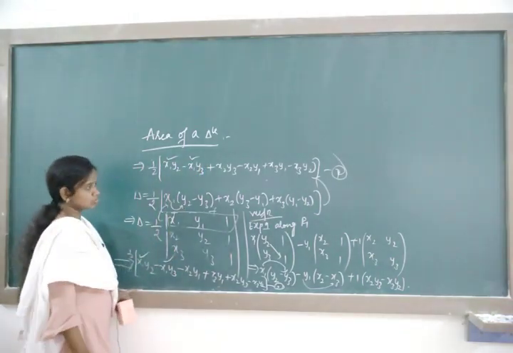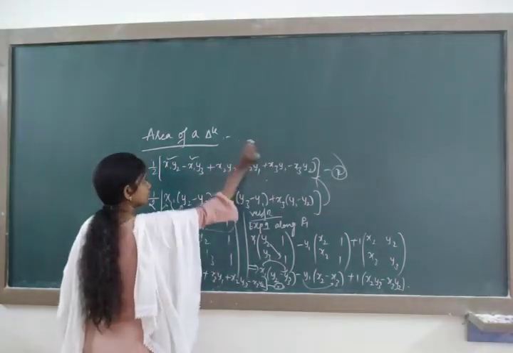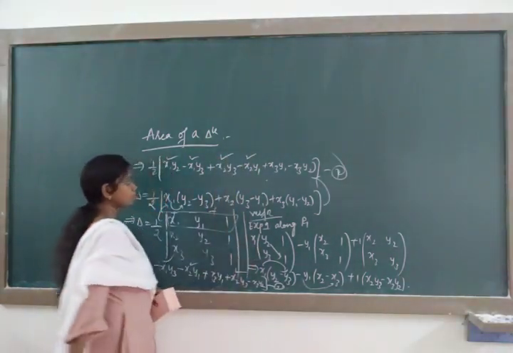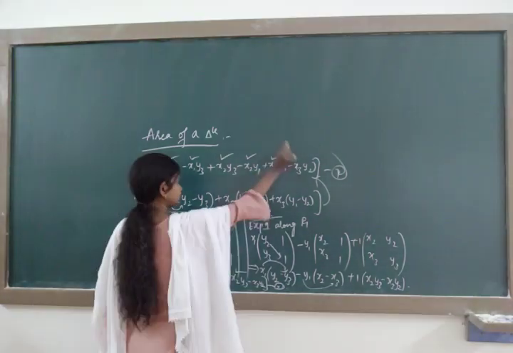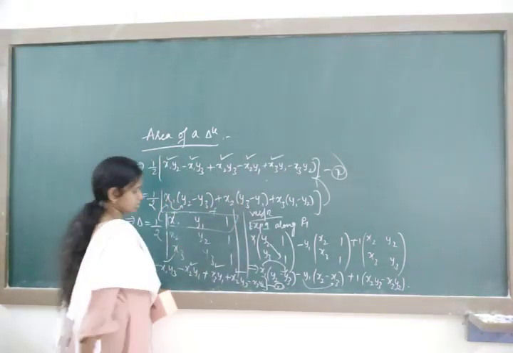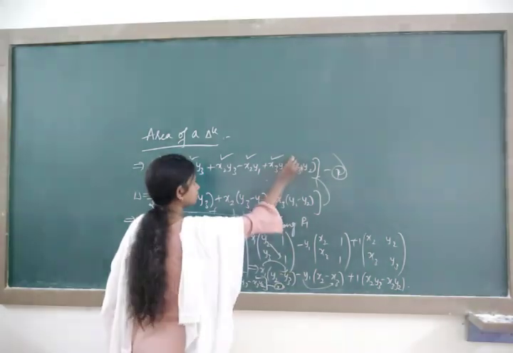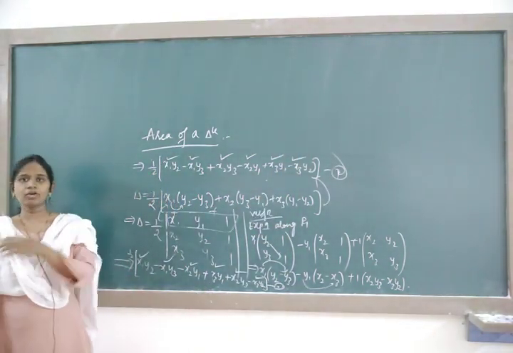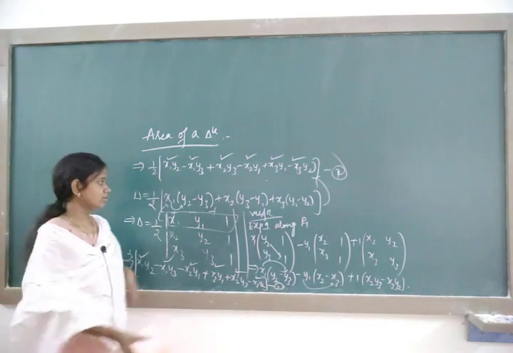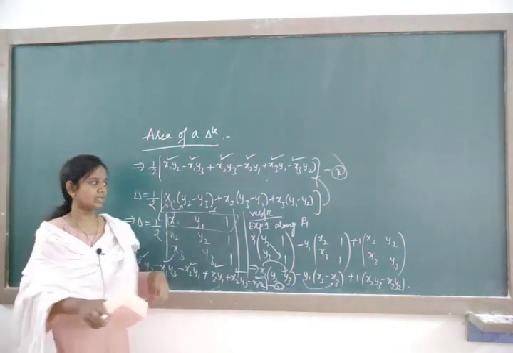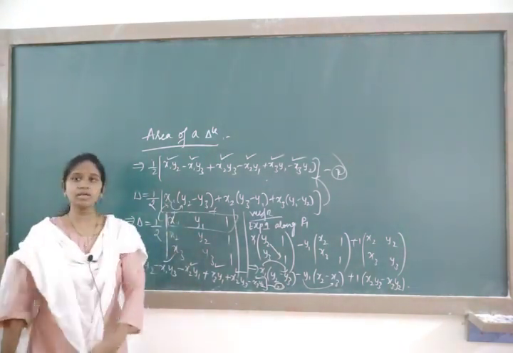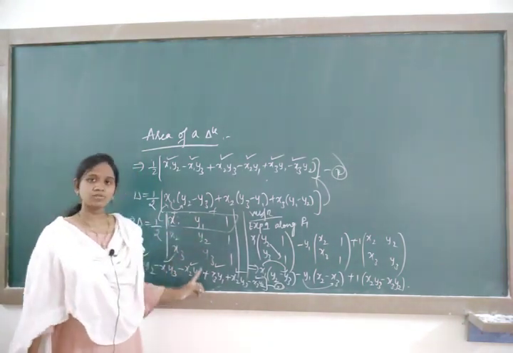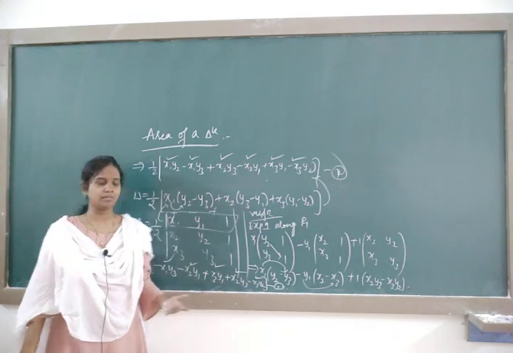Next minus x2 y1, x2 y3, x3 y1, and minus x3 y2, all match. It means the formula we have, x1 (y2 minus y3) plus x2 (y3 minus y1) plus x3 (y1 minus y2), can also be written in the form of a determinant.